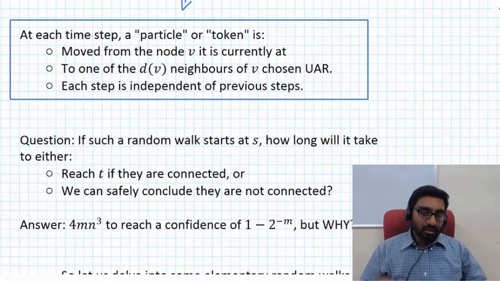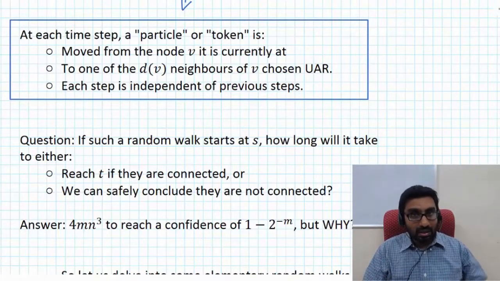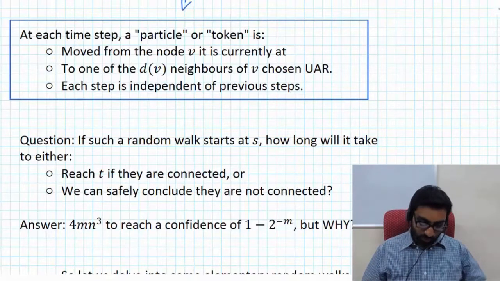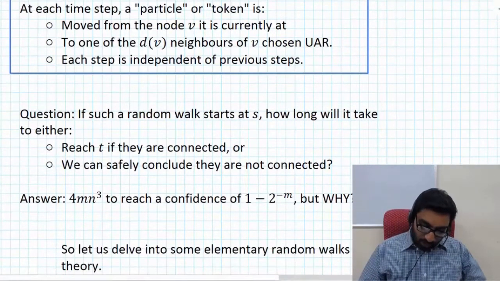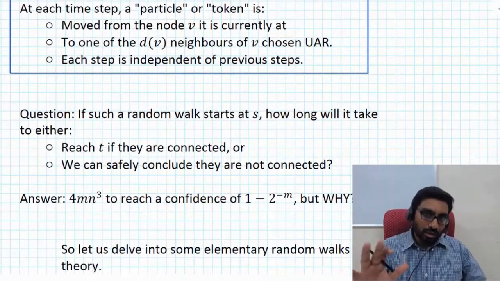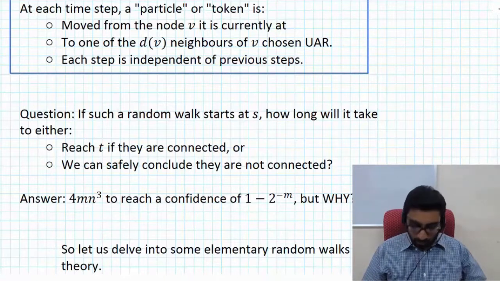That's important, because that tells you that if you walk that long and still don't see T, then S and T are probably not connected. So that's the intuition that we're going to work with. So we want to find that amount of time for which that random walk should walk before we can safely conclude whether S and T are connected or not.